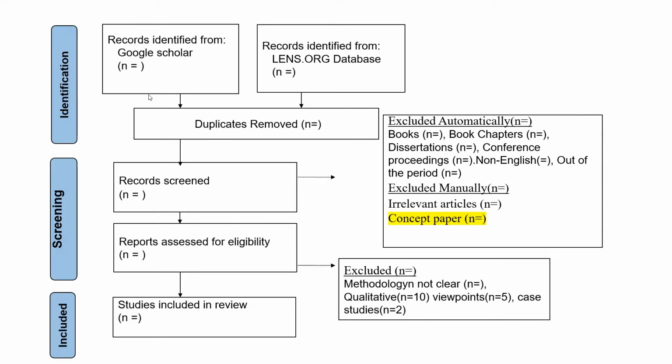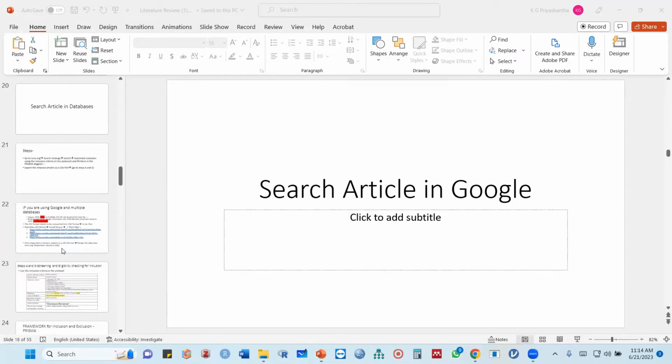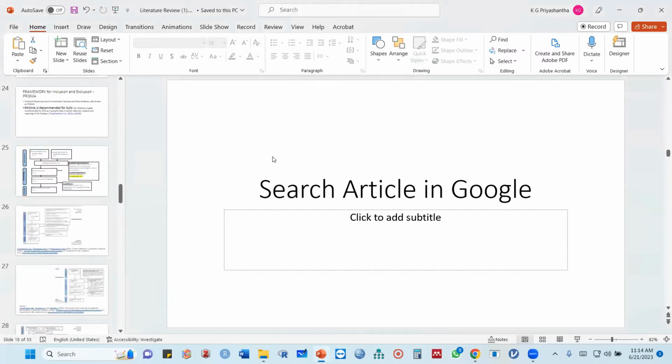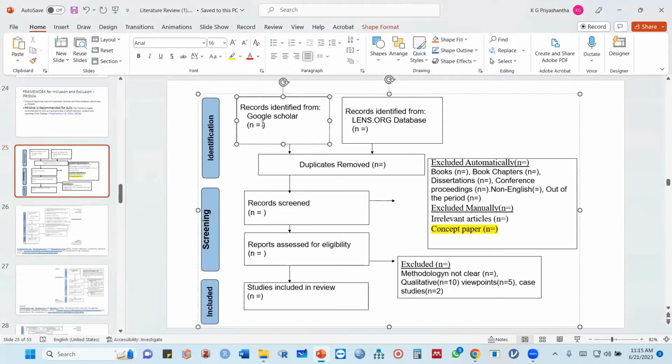This is the Prisma framework. For example, initially, how we get from Google, we need to fill this framework simultaneously. From Google, we got 63 documents.